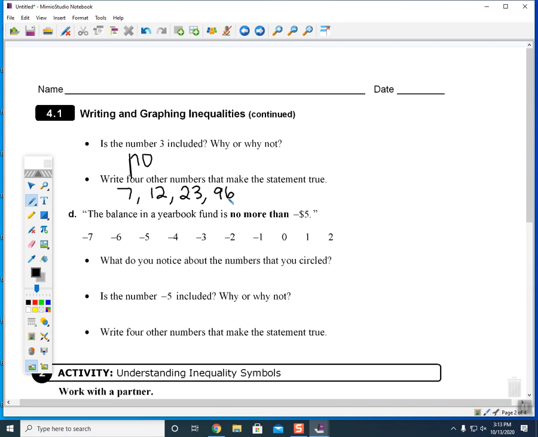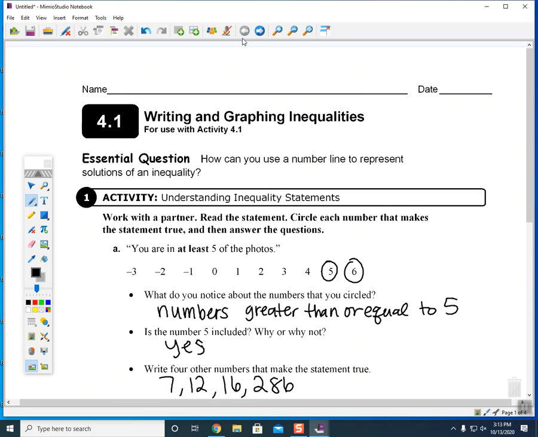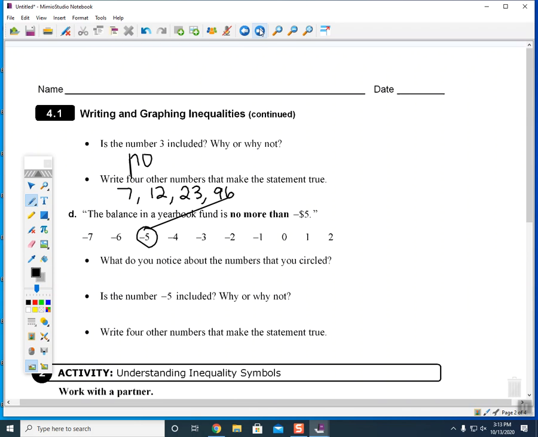Okay, last one. The balance in a yearbook fund is no more than -$5. So the most that it is is -5. So I'm including -5 because it is the most. But it's also going to be less than that, right? It's no more than -5, which means that it's less.